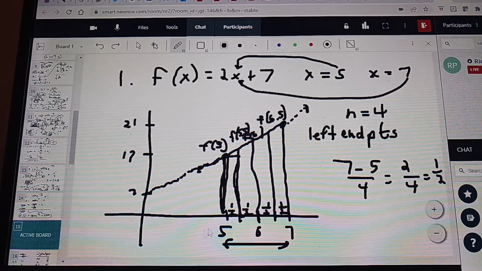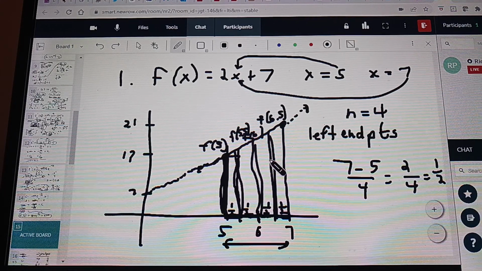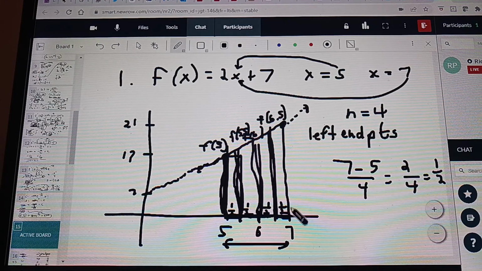I'm adding up 4 separate areas, and each one is length times width. So it's 1/2 times this height, plus 1/2 times this height, 1/2 times this one, and 1/2 times that one. That's the left endpoints. For the right endpoints, you use this, this, this, and this side of the rectangles.